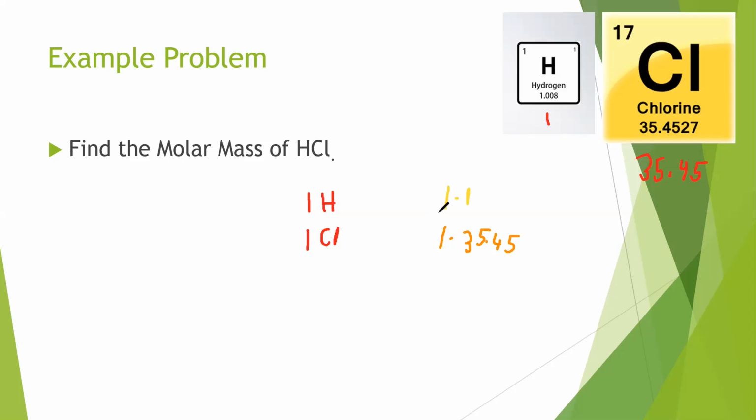Remember, the first number tells how many of each element are in the compound, and the second number gives the weight. So we can just add this up. So this is 1, and this is 35.45. And then we have 36.45 grams per mole. So if we have 1 mole of hydrochloric acid, it weighs 36.45 grams. That's basically what the molar mass tells us.